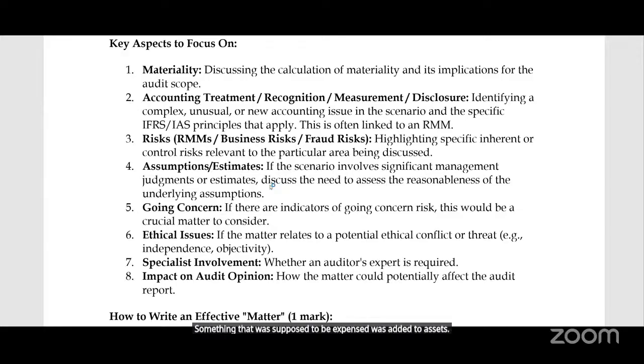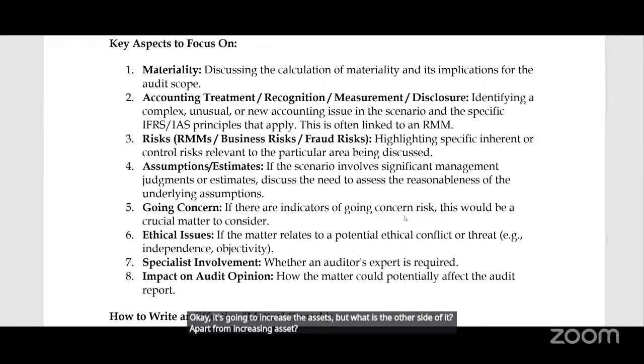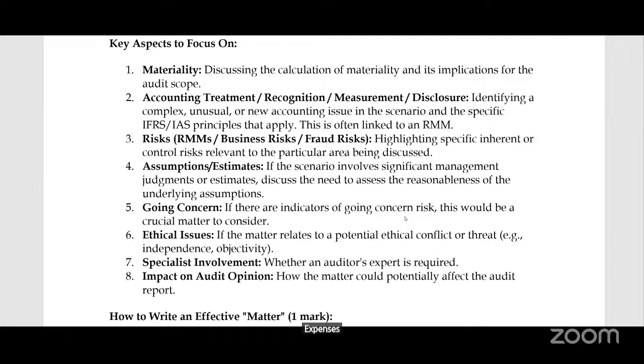Yes, it's going to increase the assets. But what is the other side of it? Apart from increasing assets, expenses are going to decrease in the P&L. Your expenses will be decreased, which will increase your profit. Yes, your profit is going to increase.